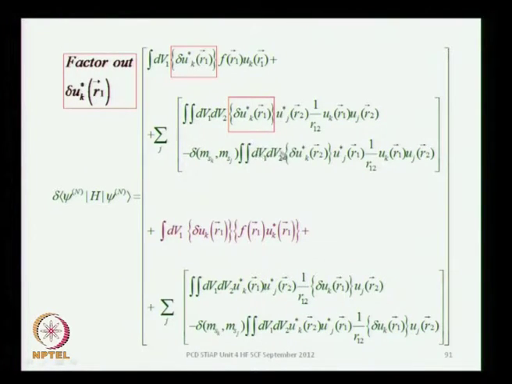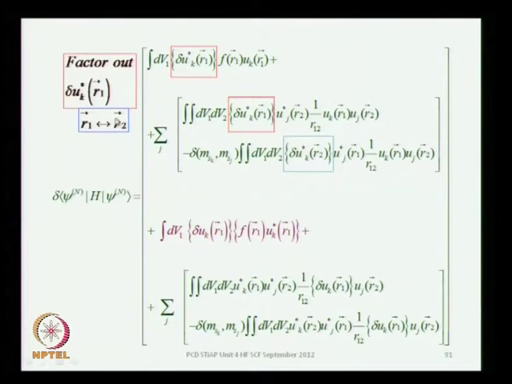This is the double integral over dv1 and dv2, both r1 and r2 get integrated out. These are dummy labels. So, you can write x in place of r1 and y in place of r2, or you can just interchange the r1 and r2 labels, they are dummy labels which get summed over. Integration is just a sum and they get summed over. So, if you just exchange the dummy labels r1 and r2, you can extract delta uk star r1 from this term as well. Can you see that?